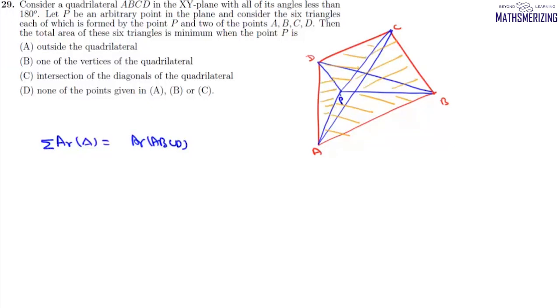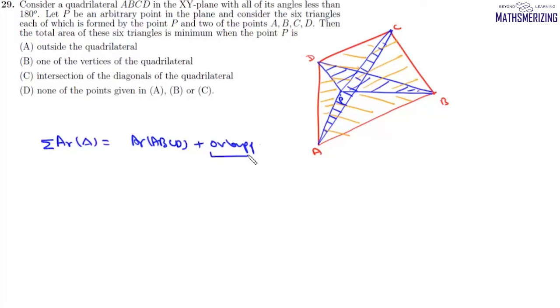And then we'll also have this additional overlapping area, when we have this area P with AC and P with BD.